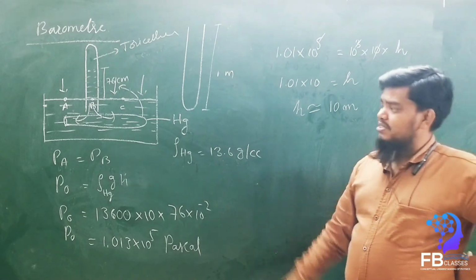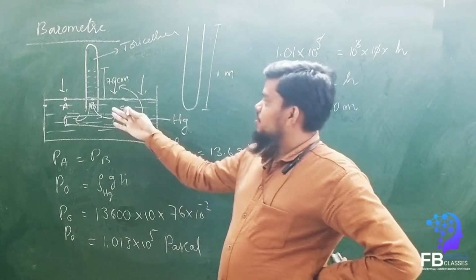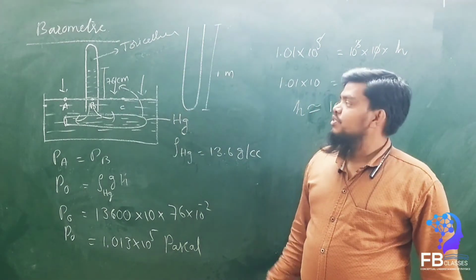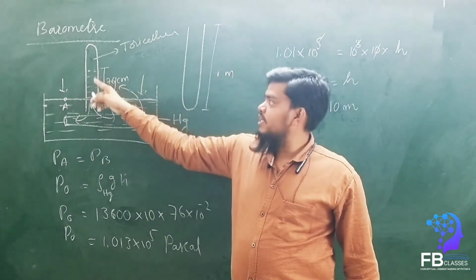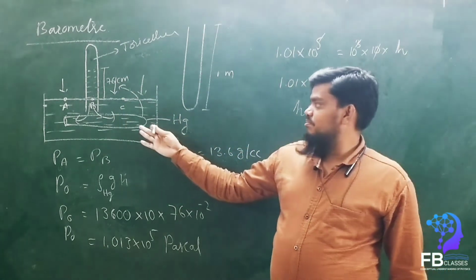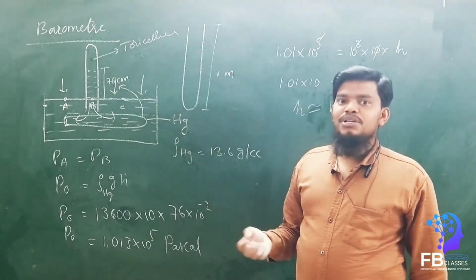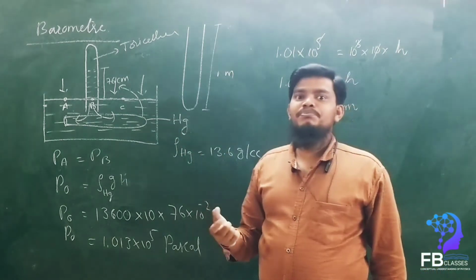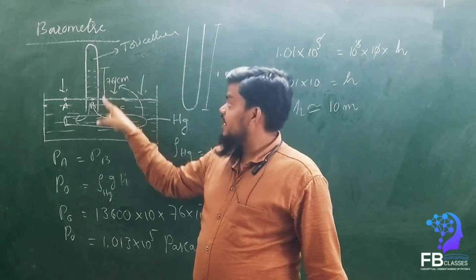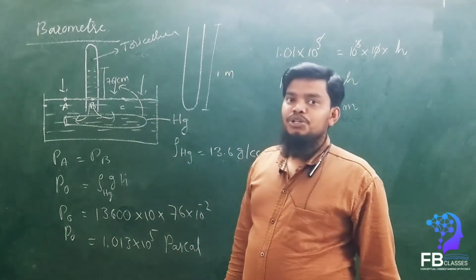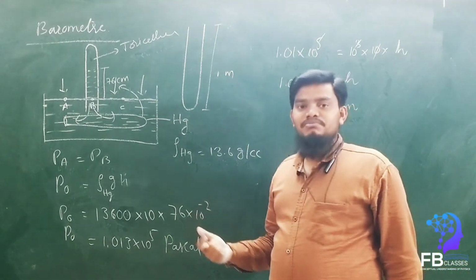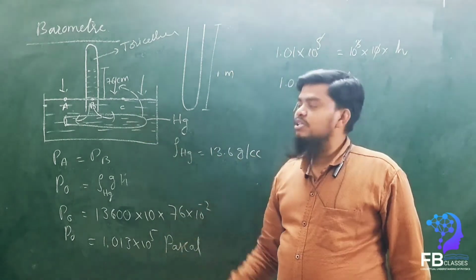There are many other reasons as well. Mercury will not be attached to the wall of the container, but water will be. Also, Hg looks very bright compared to water, so when measuring the height of the column, the water level may not appear as clearly as Hg.